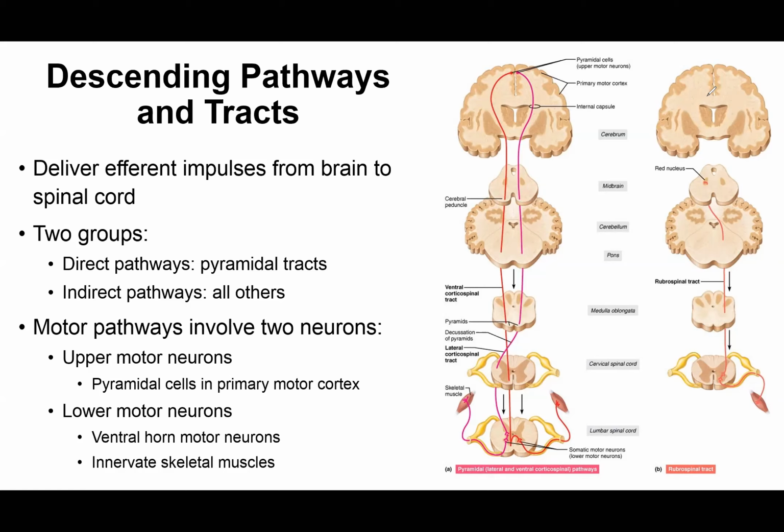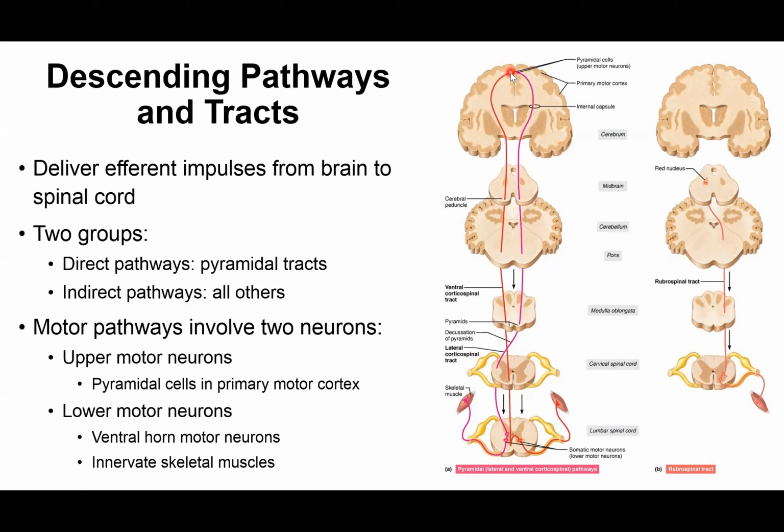So we have upper motor neurons, which include the pyramidal cells that are in our primary motor cortex. And then we have lower motor neurons, and these lower motor neurons are the ones that originate from the ventral horn of the spinal cord and go on to innervate skeletal muscle. So just to highlight upper motor versus lower motor neurons, we're going to take a look at this red line.